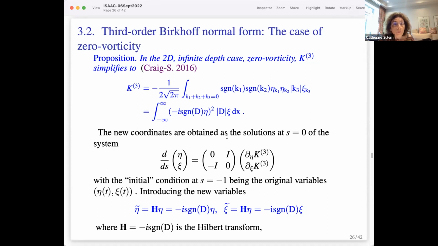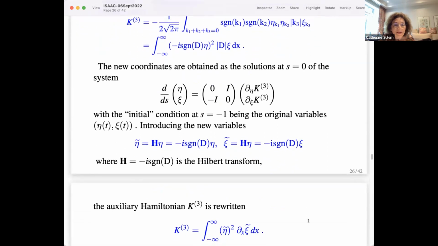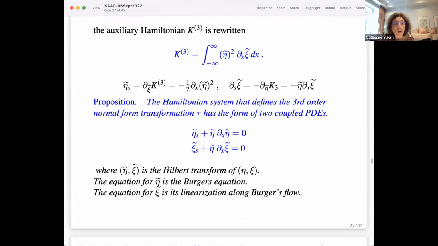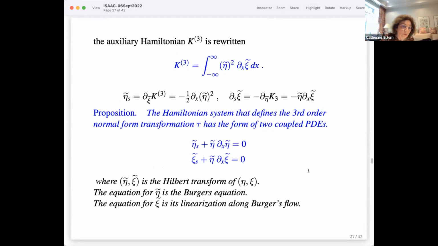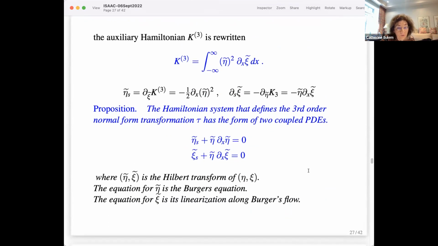And because of the presence of the sign D, it's convenient to introduce the Hilbert transform. So finally, the Hamiltonian system that defines the third order normal form transformation tau, which eliminates all cubic terms, has the form of a coupled PDE. The first is a Burgers equation, and the second is a linearization along the Burgers flow. That very simple transformation is what happens for zero vorticity and infinite depth.